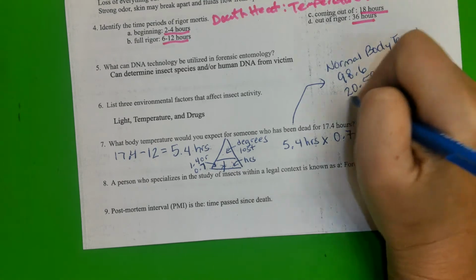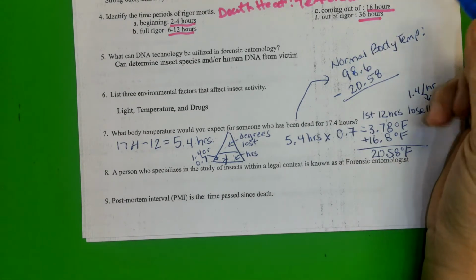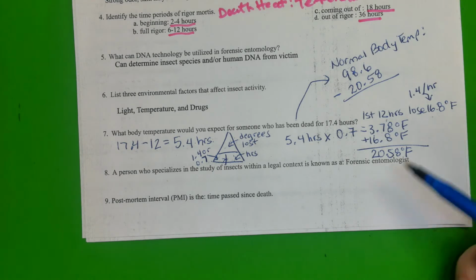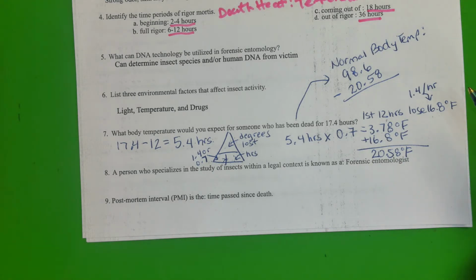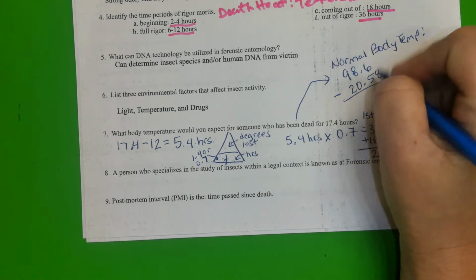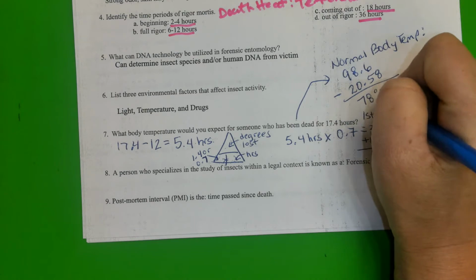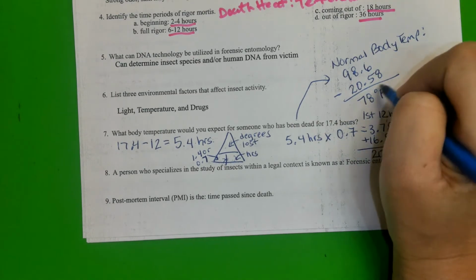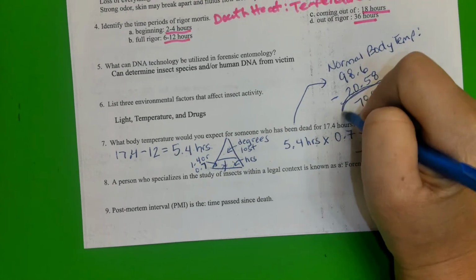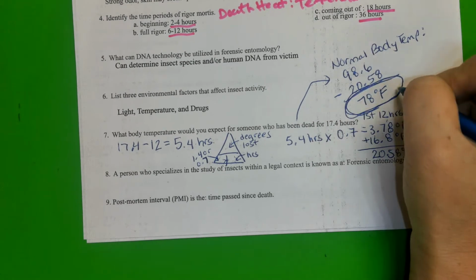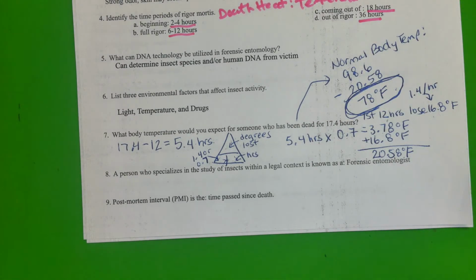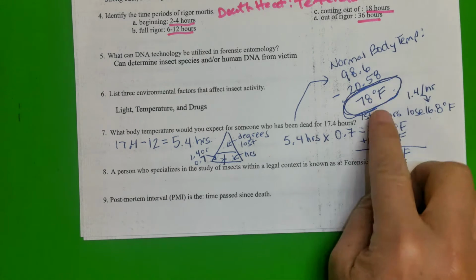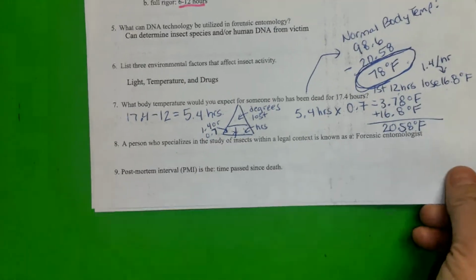So you subtract that, because that's the total degrees lost, and that should give you 78.02, which is 78 degrees Fahrenheit. That should be the body temperature. That's the answer: 78 degrees Fahrenheit.